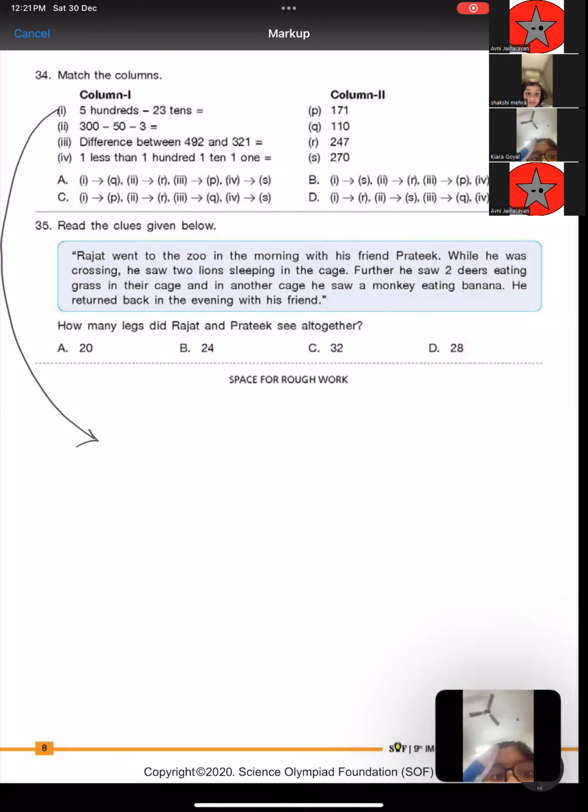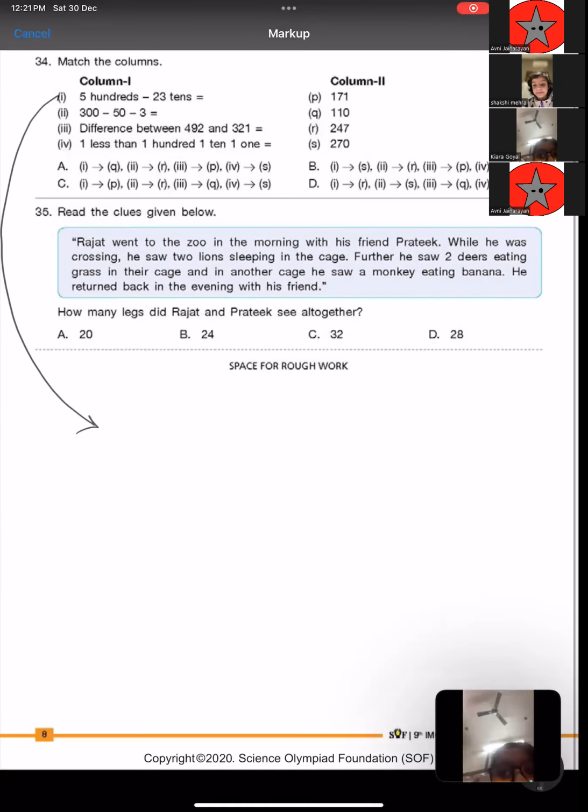Okay. Now, when we have to match the column 1 with column 2, let's solve this one. Okay. But wait, go on mute, please. Now see, before you solve, I want to tell you something. Whenever there is a matching question, and since it is Olympiad, it is important for us to eliminate few answers.